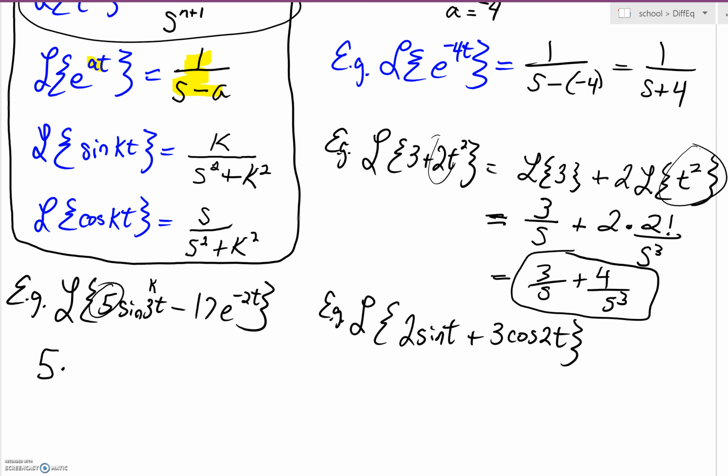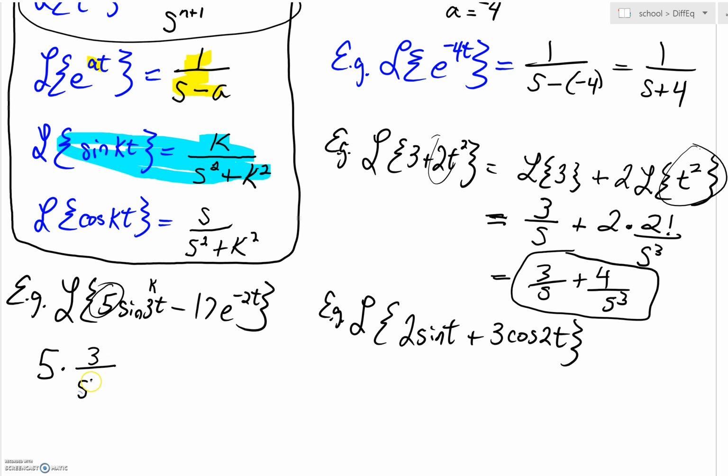And then you just come right up here and say, how do I transform the sine of kt? Answer, it's k over s squared plus k squared. So it's going to be 3 over s squared plus k squared. And of course, we know that 3 squared there is going to become a 9. Then we could say minus our 17. Our a here is negative 2.